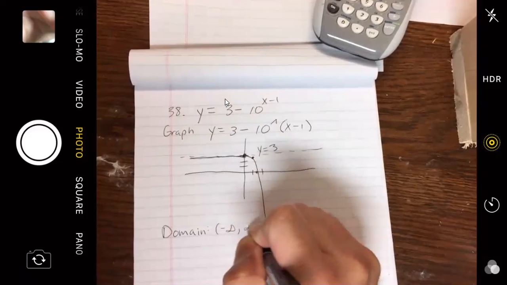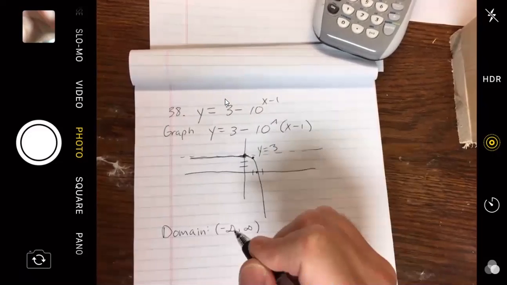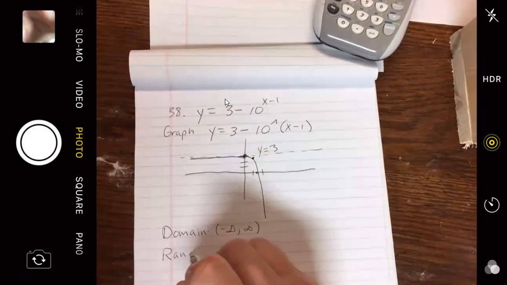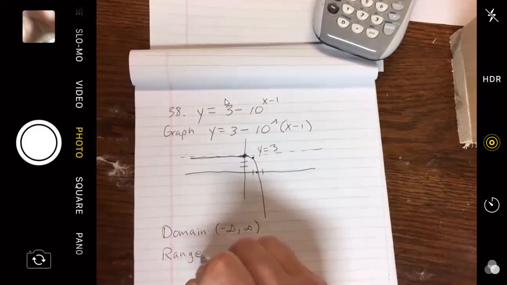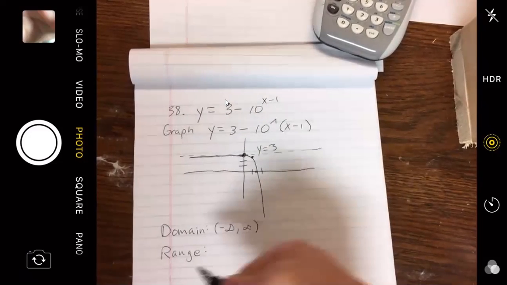Negative infinity to infinity. Now your range, so you're going to have to read this. Remember, it's y min, comma, y max.